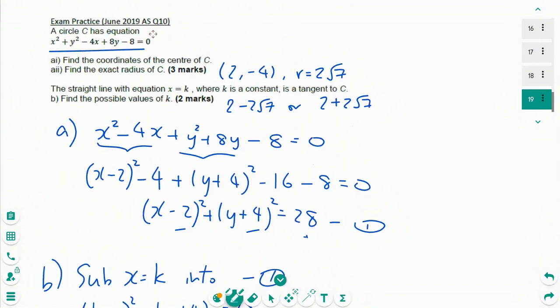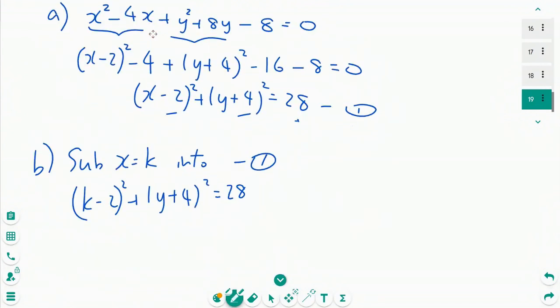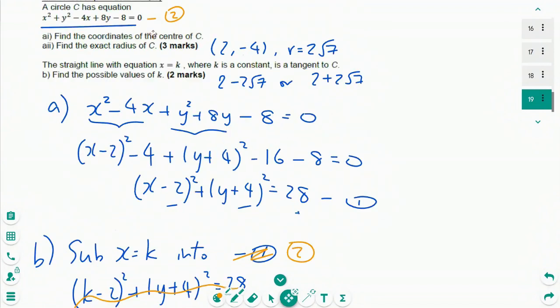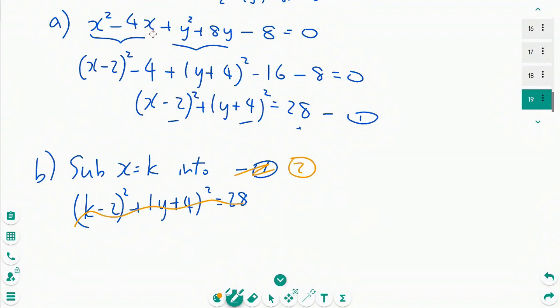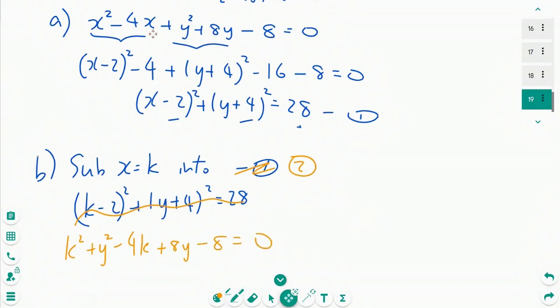So instead I'll substitute this into equation 2. That gives me K squared plus Y squared minus 4K plus 8Y minus 8 equals 0.